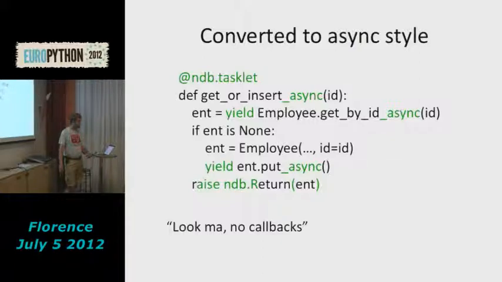So we suspend this generator object until the data store says that the RPC is actually ready. If there's another tasklet that is runnable at the same point, we run that other tasklet. If there are no more tasklets runnable, the event loop will just see which RPCs haven't completed yet and wait for all those. The first one that is ready is the lucky winner, and then we resume the generator that corresponds to that RPC.